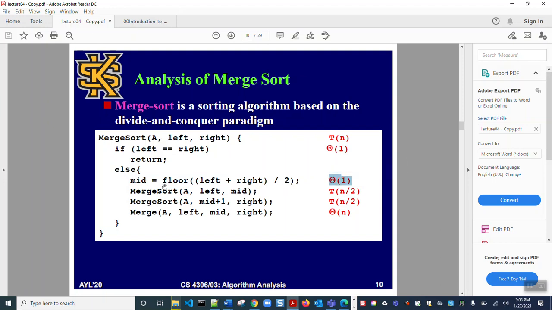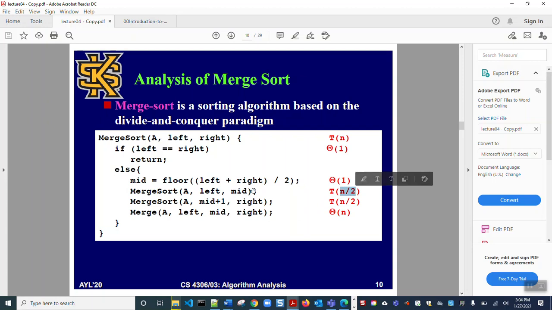Then, for the left recursive call, how much time is needed? T of n by 2, since we are dividing the array into two subparts.